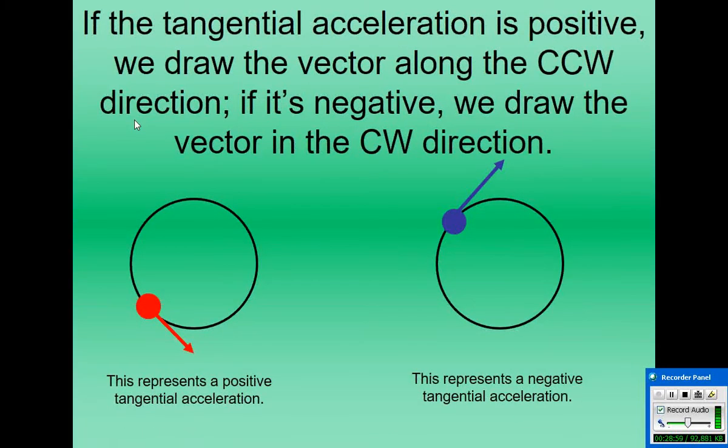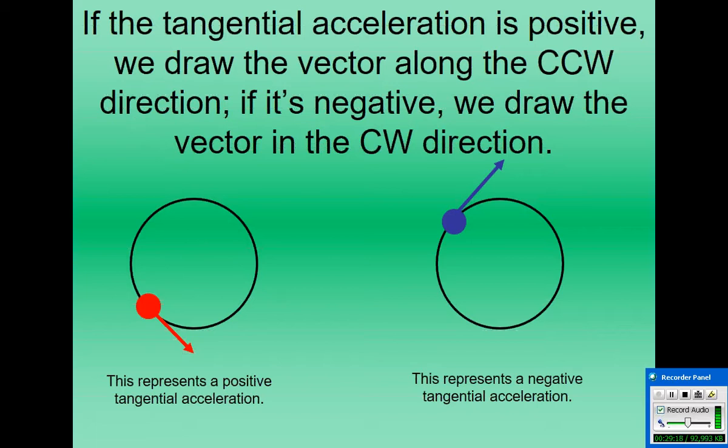The tangential acceleration, the reason it's called tangential, and I should stress this, we saw it in the previous graphic with the objects going around the circle. The arrow representing that variable is always pointing tangentially to the circle.